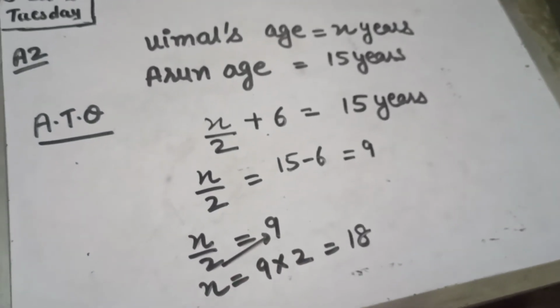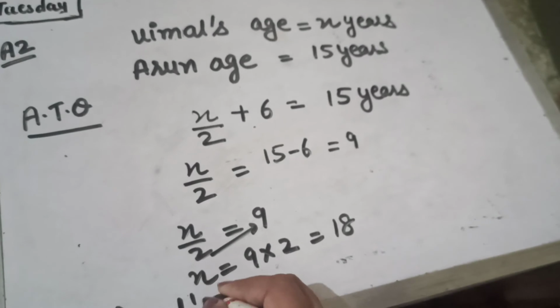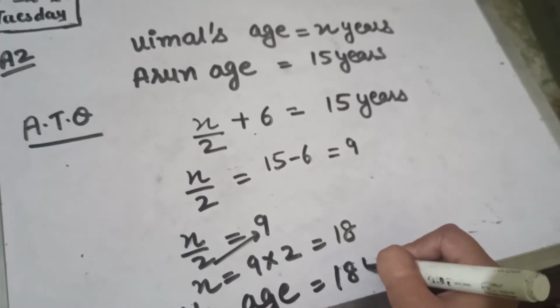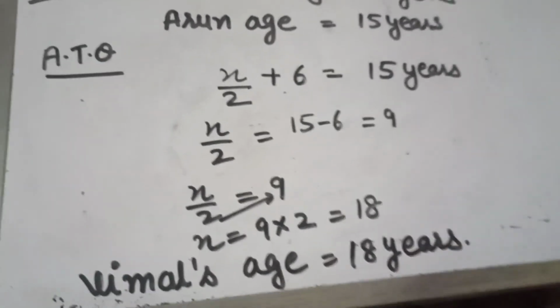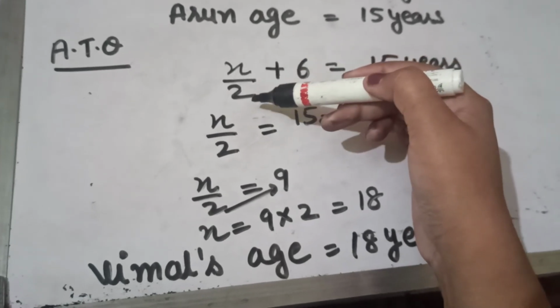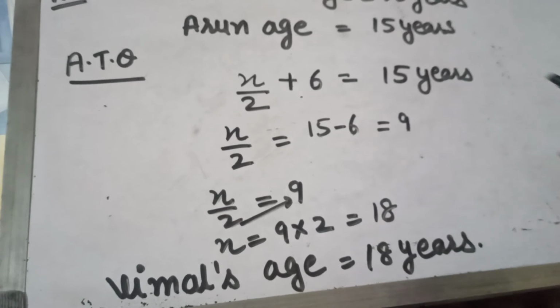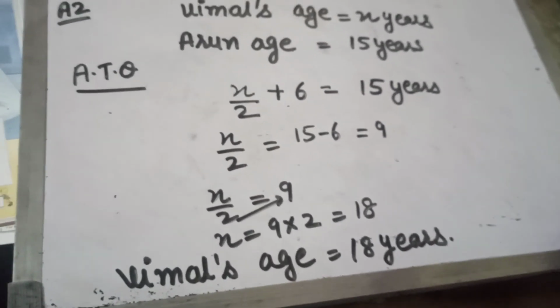It means Vimal's age is equals to 18 years. After that, if you want to check your answer is correct or not, you will put in the equation 18 by 2, 9 plus 6 equals to 15. Right? So Vimal's age is 18 years.